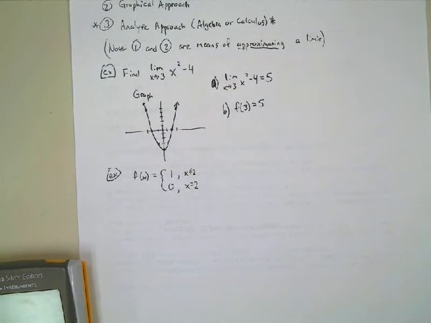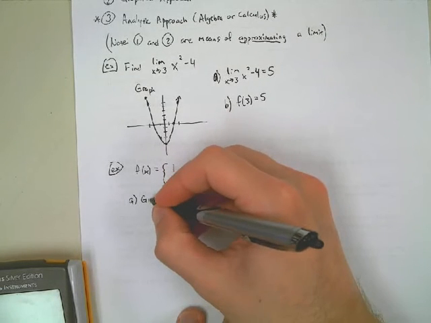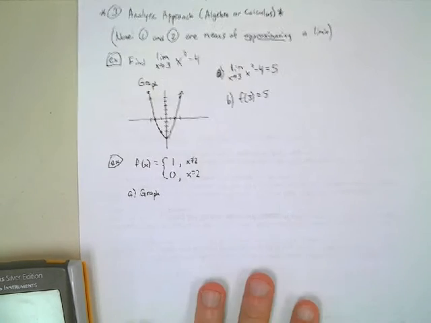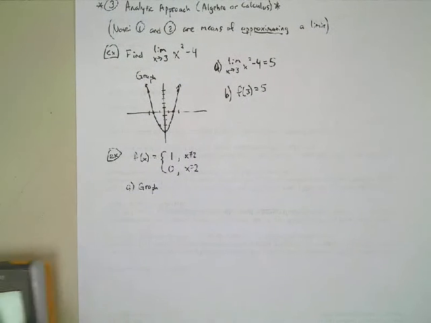Okay, and let's graph this. This is such a simple piecewise function that it's probably more complicated. It's so simple, it's hard. It's so easy, it's hard.